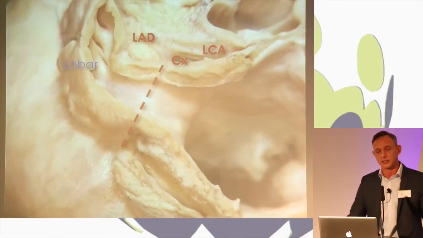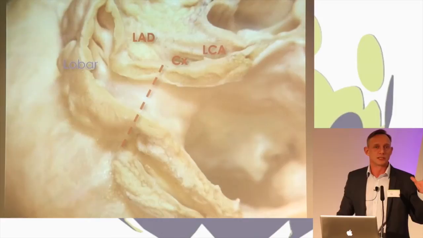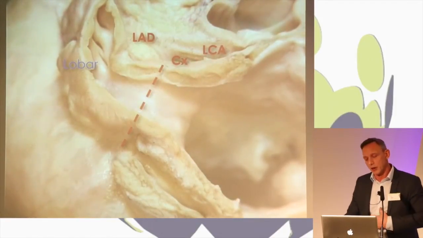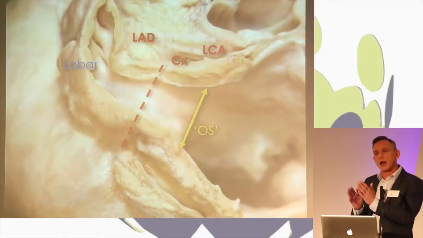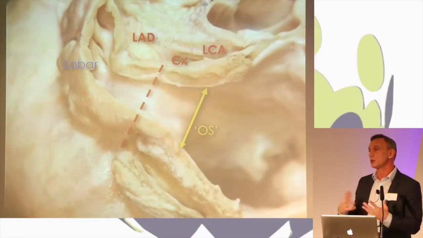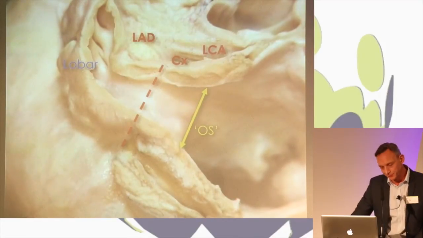And then to the left-hand side, we have the lobar region of the appendage, which is the most complicated and most variable part of the appendage. On the other side, at the junction with the body of the left atrium, we have what we term the os.